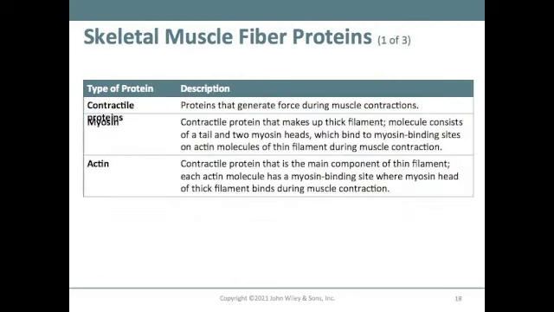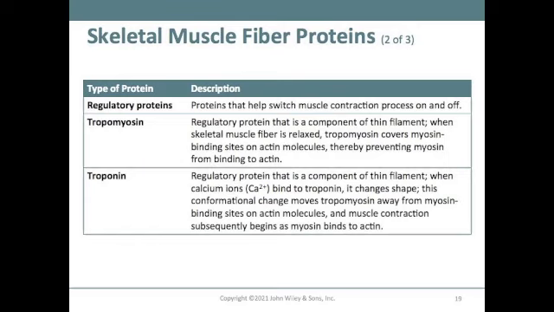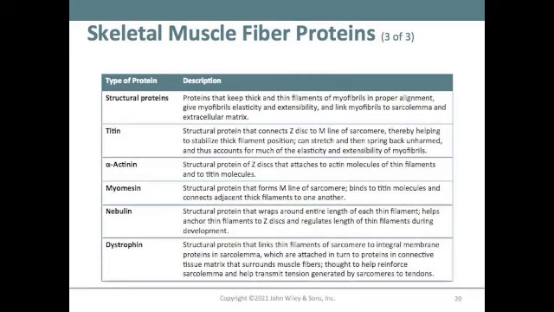Table 10.2 on page 314 shows the types of protein and their descriptions. I'll let you go through this table on your own. There's a lot of information there, but it basically goes through each of those proteins and gives you a synopsis of what it does or its description.